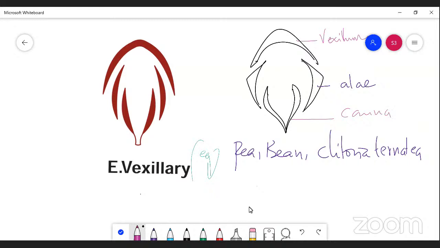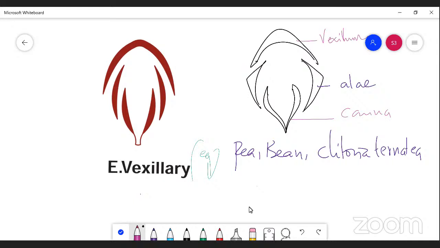So these are different sizes and shapes of petals in the pea plant and Clitoria ternatea. These different sizes and shapes of petals arranged in this manner are called vexillary. The large petal is the vexillum, and very next to it you can see the alae or wing petals. Next to the alae, you can see the smaller fused petals, the carina.